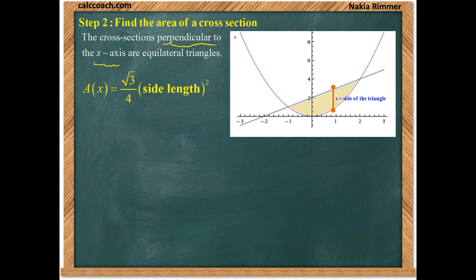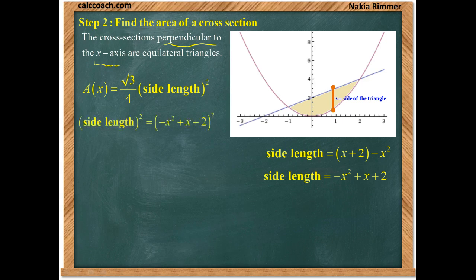This integral is going to be in x. And so, how long is that? It's the line minus the parabola. So it's negative x squared plus x plus 2. That's how long it is. That's what we need to square.